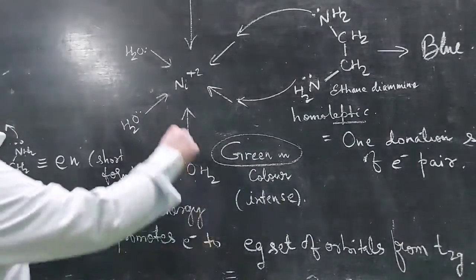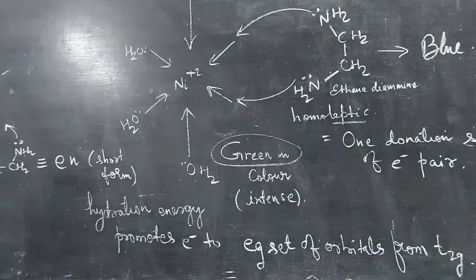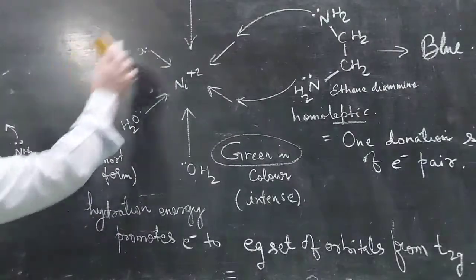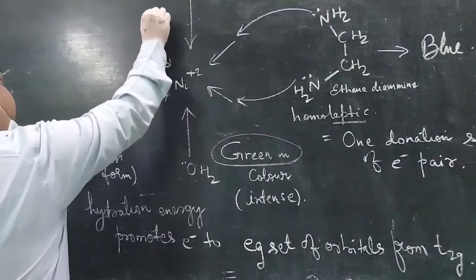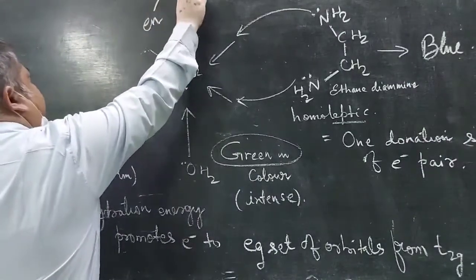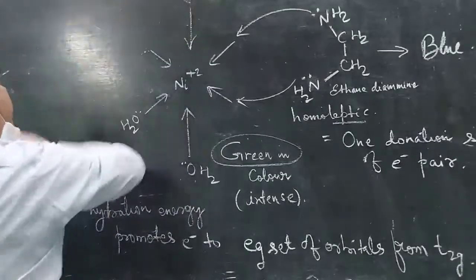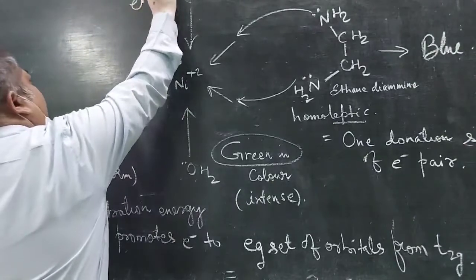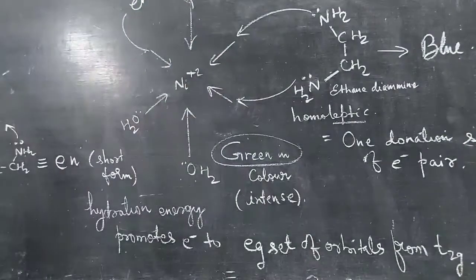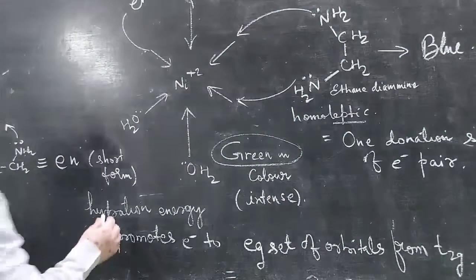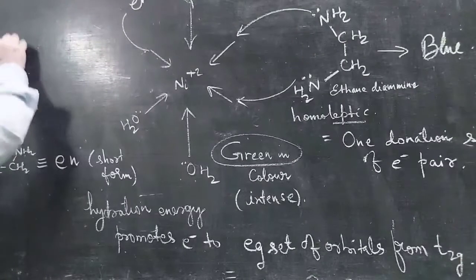So, if I substitute two more water molecules with another bidentate ligand, EN, it is easy to write EN rather than this big molecule, isn't it? So we use quite a few short forms. This is also EN, but in molecular form. Then it will become deep blue.